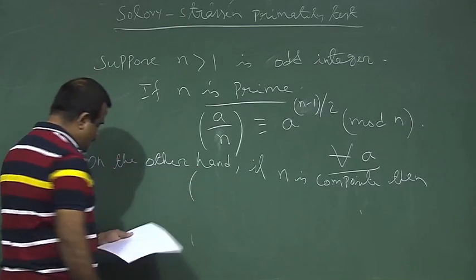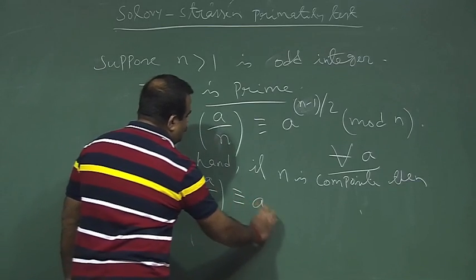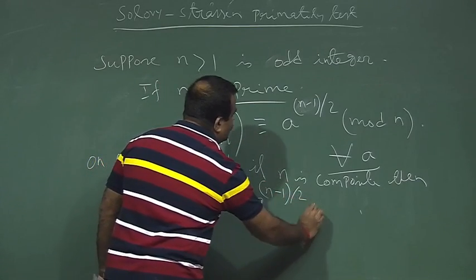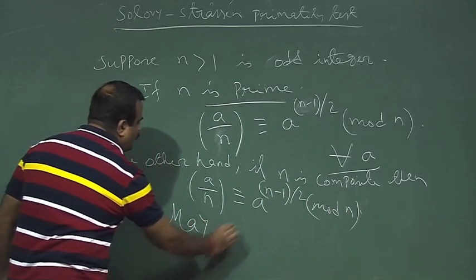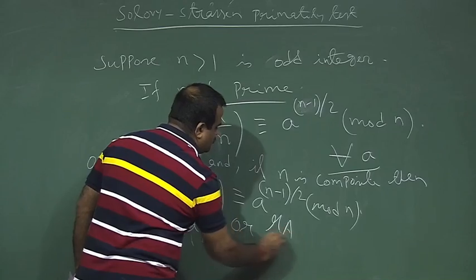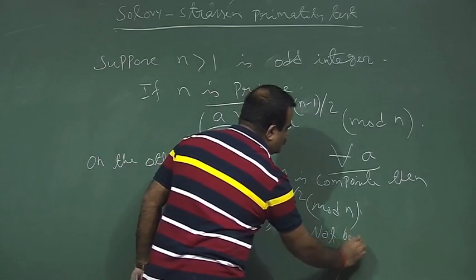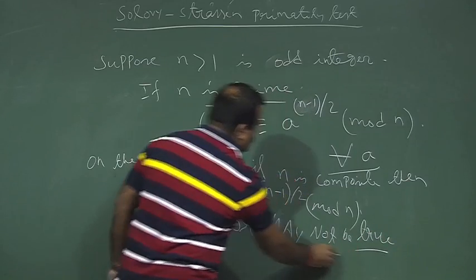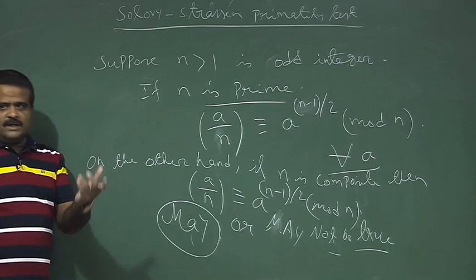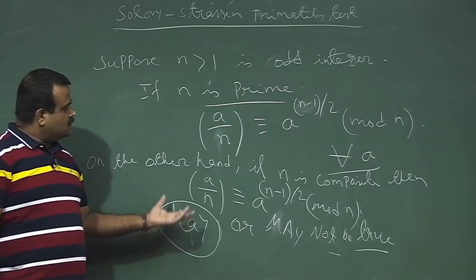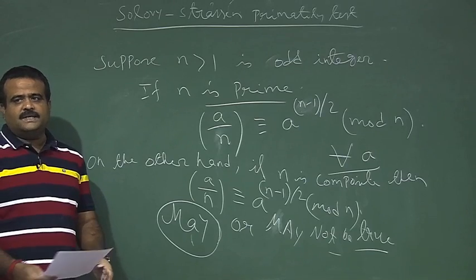Then (a/n) is congruent to a to the power (n minus 1)/2 mod n, and this result may or may not be true. Now, if it is true, but only for a few a, then we call n a pseudo prime base a.